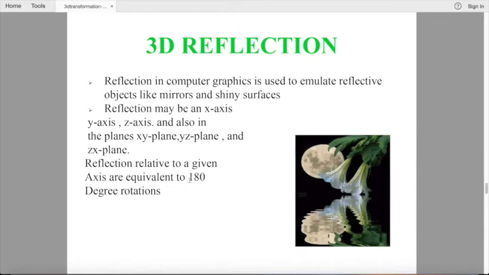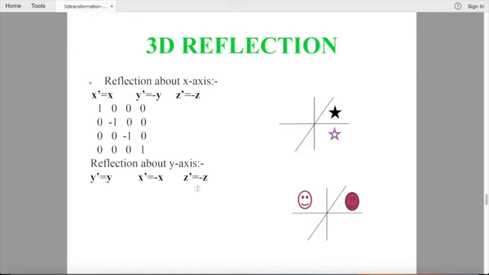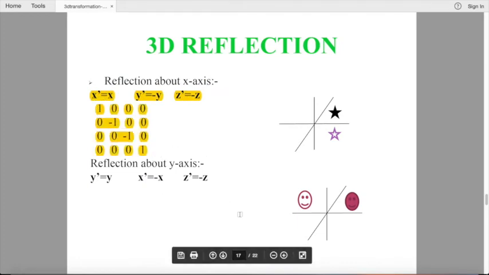So the reflection uses 180 degrees to rotate. You can see the black star rotates into the purple star by using this formula and matrix like this. It is kind of the same as the y-axis.